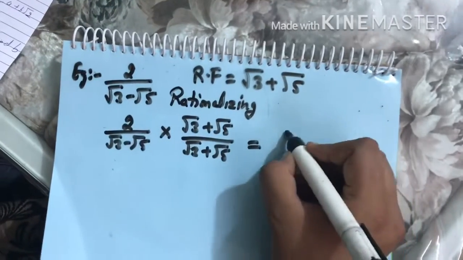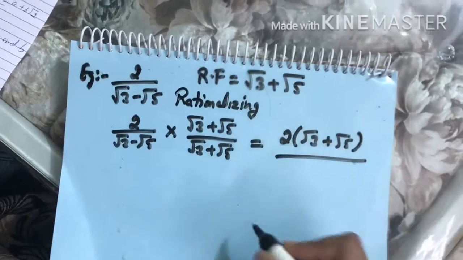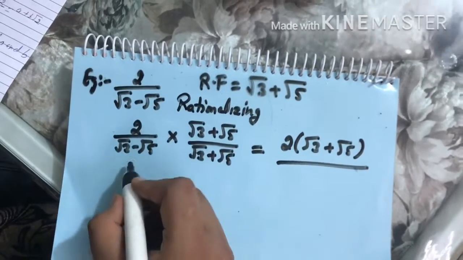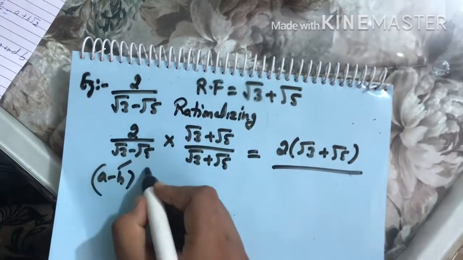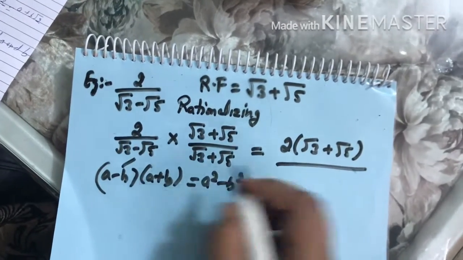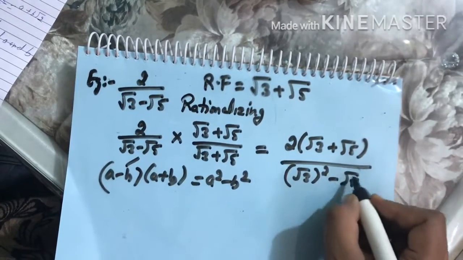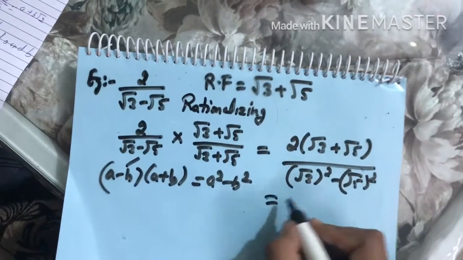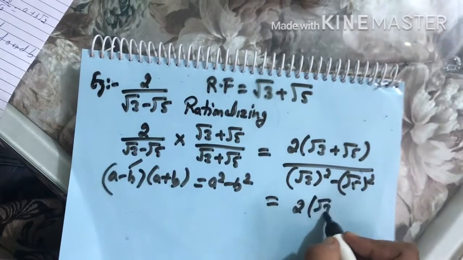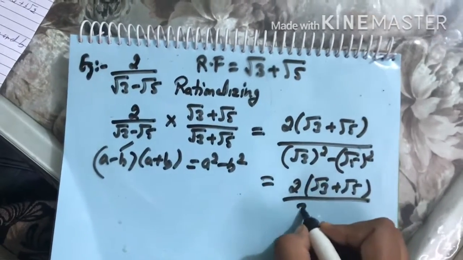So the upper portion becomes 2 into (root 3 plus root 5). But the lower portion is (a minus b)(a plus b), and that should be equal to a square minus b square. So it simply becomes root 3 square minus root 5 square. So it will become 2 (root 3 plus root 5). Root 3 square means 3.